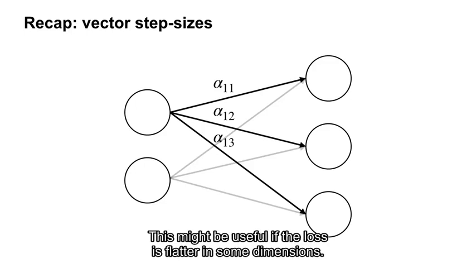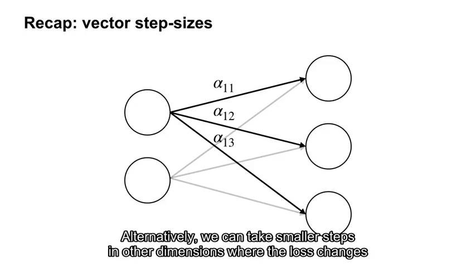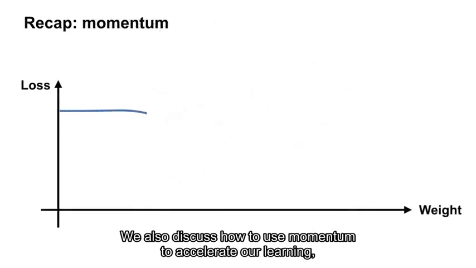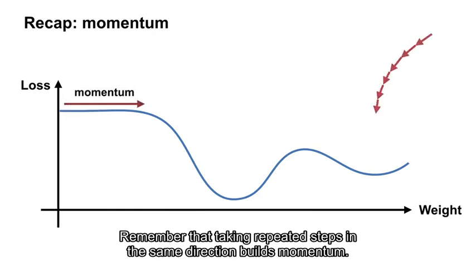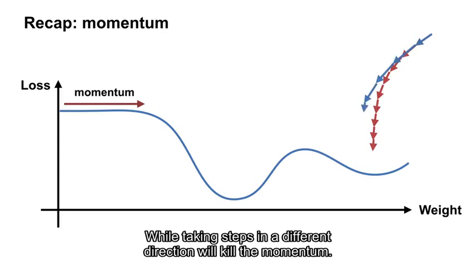This might be useful if the loss is flatter in some dimensions. Alternatively, we can take smaller steps in other dimensions where the loss changes more sharply. We also discussed how to use momentum to accelerate our learning, especially if we find ourselves in a flat region of our loss. Remember that taking repeated steps in the same direction builds momentum, while taking steps in a different direction will kill the momentum.